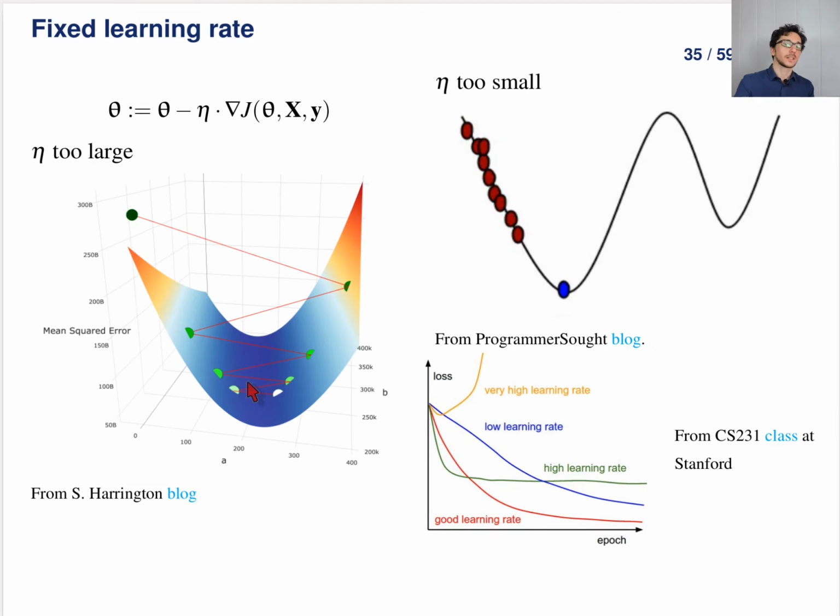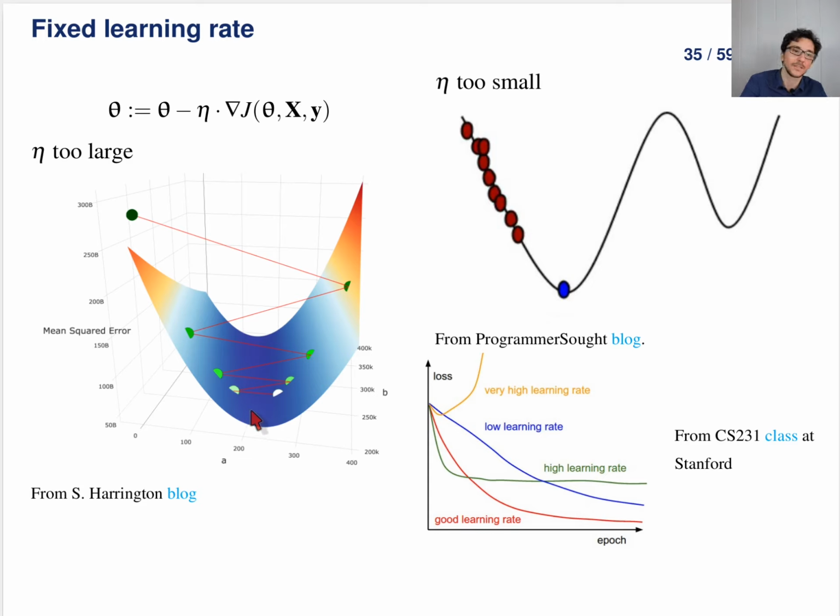Then there are a lot of other design choices. We have seen that when you apply gradient descent, you have this parameter eta called the learning rate. This has to be set properly, because if it is too large, you change your parameter vector too much every time. So you may jump a lot and you may never converge to a minimum.